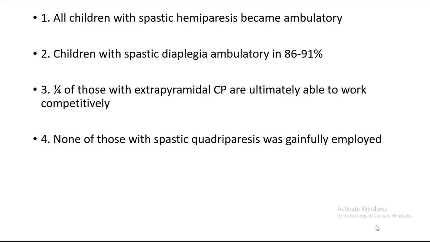But those with spastic diplegia will be ambulant in 86 to 91%. About 25% of those with extrapyramidal cerebral palsy are ultimately able to work competitively. But the most severe type is the spastic quadriplegic type, which usually has a poor prognosis.